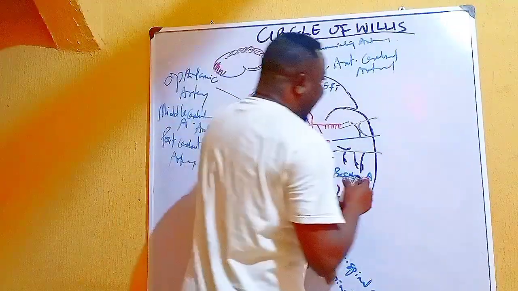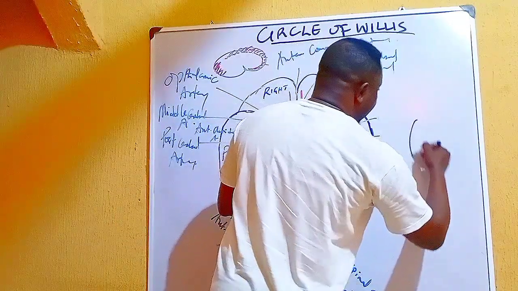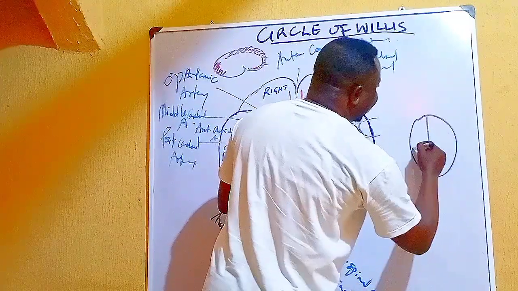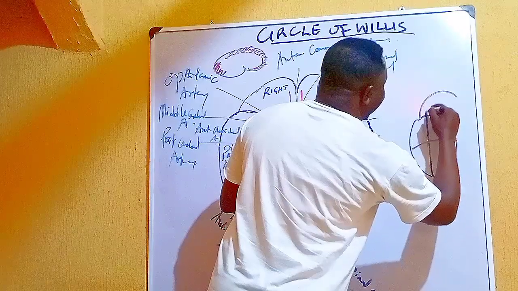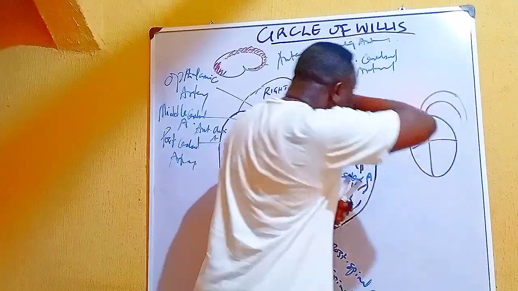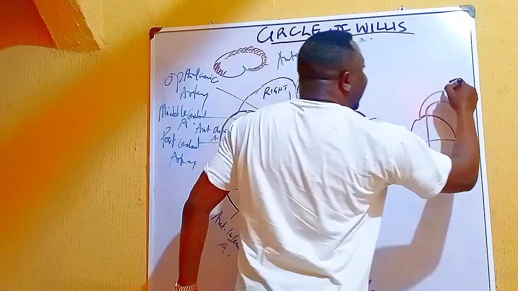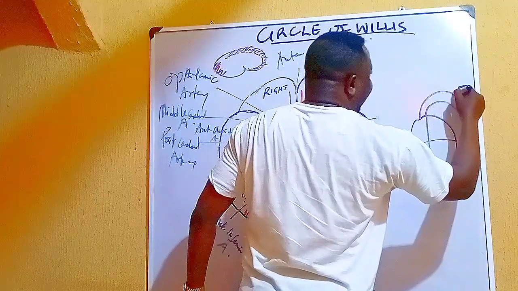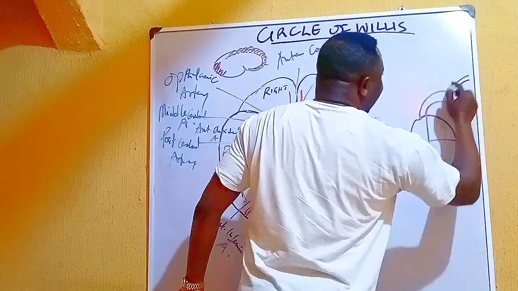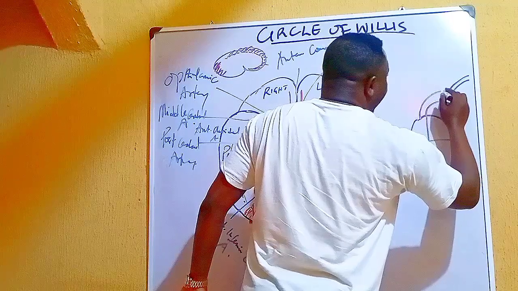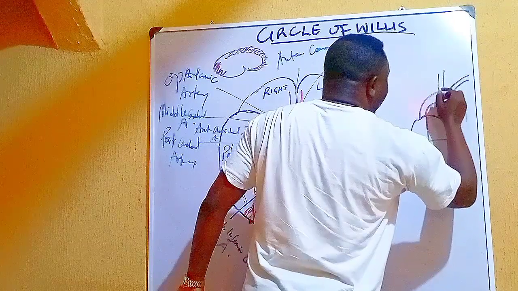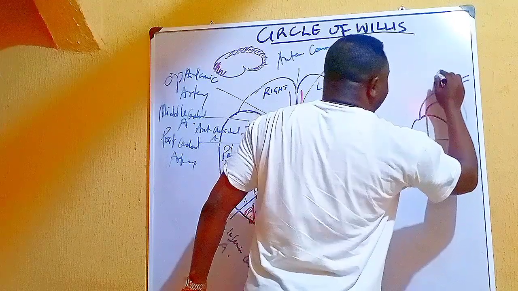Now, this is the diagram of the heart, and this is the aorta. Of course, the aorta gives rise to the left subclavian artery, and the left common carotid artery.